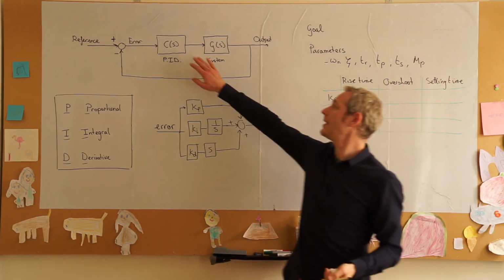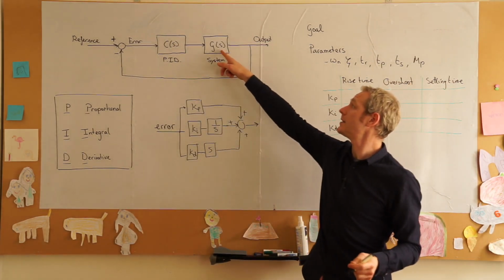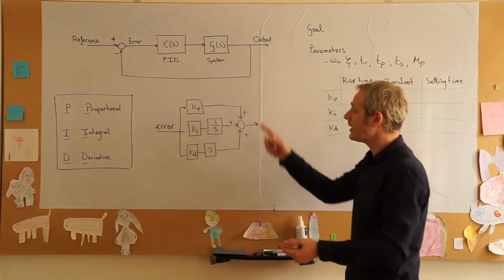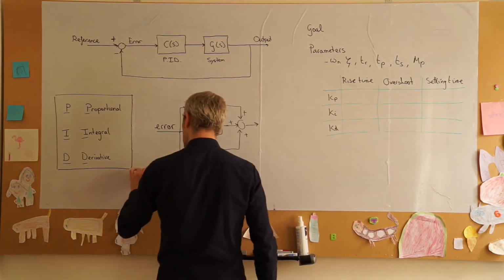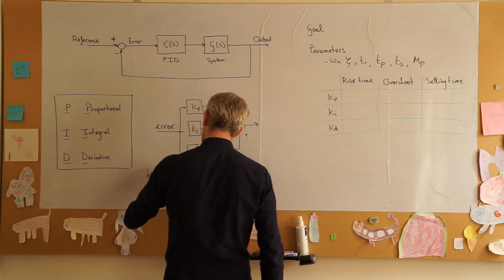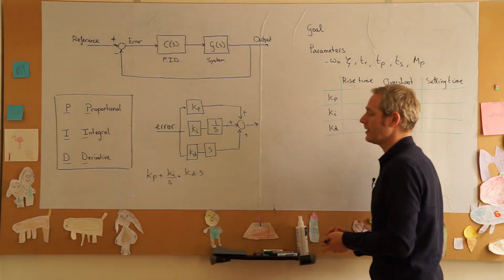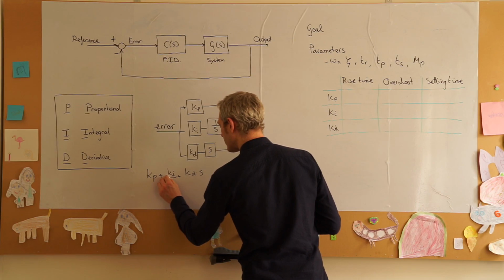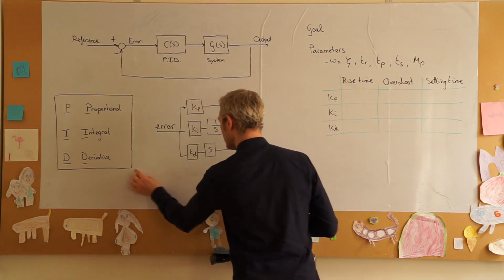Now, as I've written it here, it is also a transfer function in the Laplace domain, just as this is a transfer function in the Laplace domain, and we can write out the whole thing, because if we sum these, we get Kp plus Ki over S plus Kd times S, and typically we write that as a single fraction where we divide the whole thing by S. Well, I'll just rewrite the whole thing.